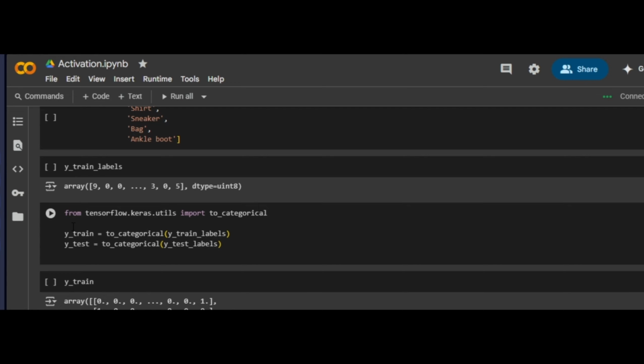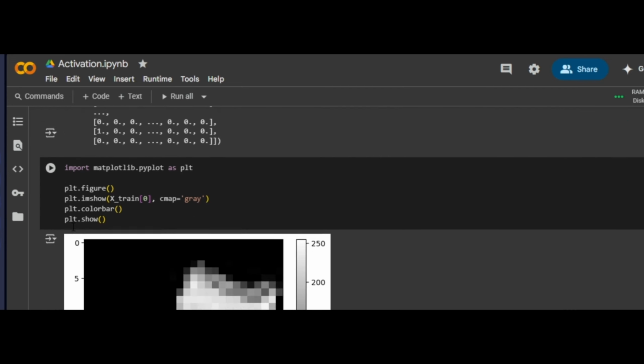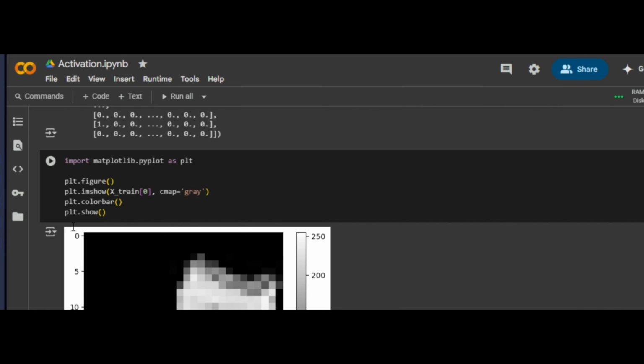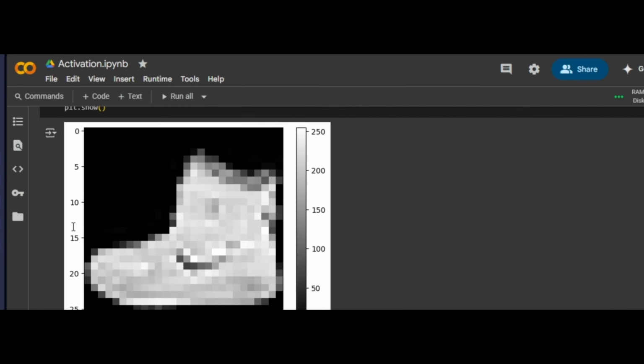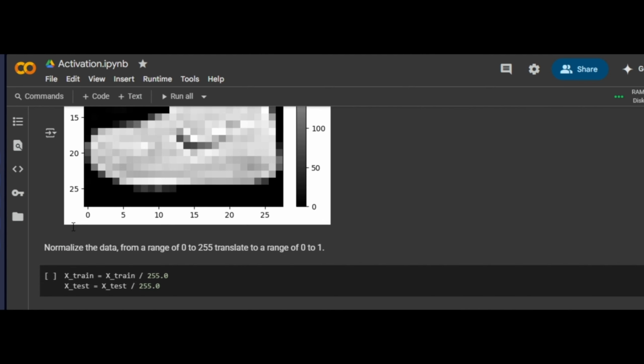We do that using the categorical function, which gives us a one-hot encoded vector for each label. We also normalize the image pixel values from the original 0 to 255 range to the 0 to 1 range by dividing by 255. This helps the network learn faster and more effectively.